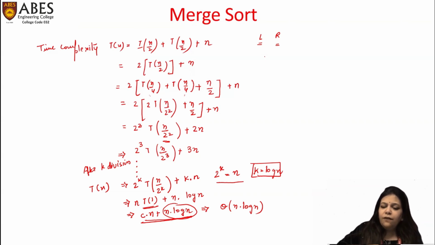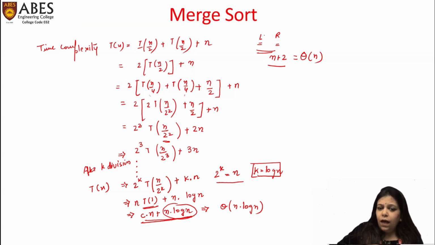So we can say that we have taken these arrays with n plus 2 number of elements. So in this case, the complexity will become theta of n.